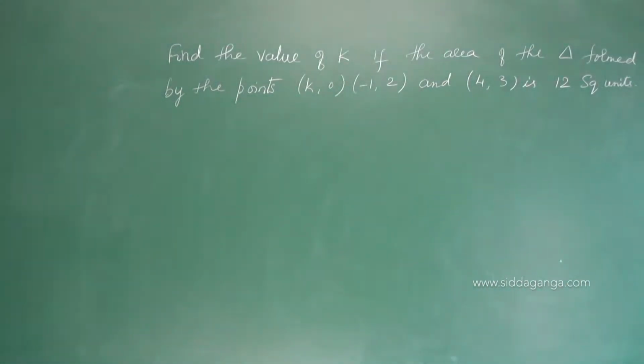We have to find k. So in the area of the triangle ಕೊಟ್ಟಿದಾರೆ, so we have to find the value of k. K value ನ ಕಂಡುಹಿಡಿಯಬೇಕಿದ್ರಲ್ಲಿ.